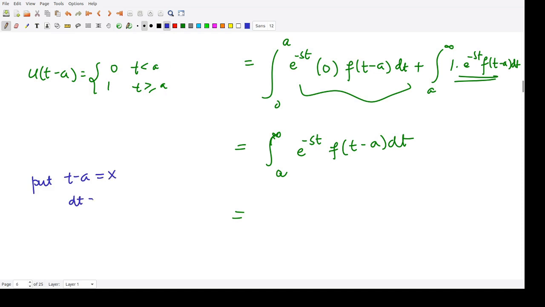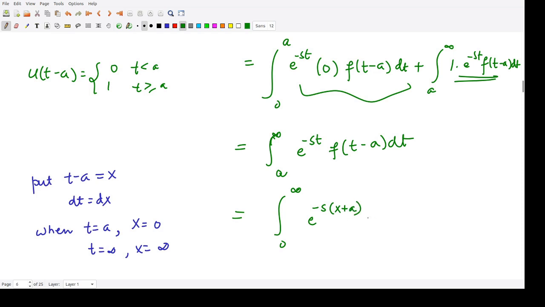So your dt would become dx, and whenever your t was a, your x would be 0, and whenever your t was infinity, your x would be infinity. So now using this substitution, your integration would be from 0 to infinity of e to the power minus s, instead of t you would write x plus a, and then f(x) dx.